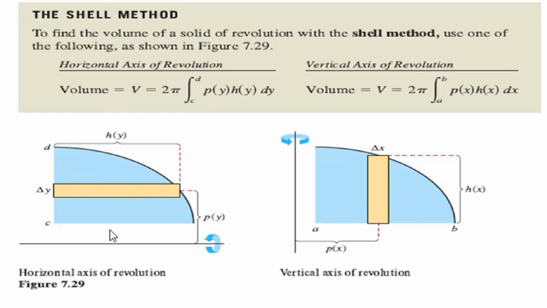This is the horizontal figure. The other one is the vertical axis of revolution: V is equal to 2 pi times the integral of P of x times H of x dx, with the interval from a to b. Just take a look at this figure.